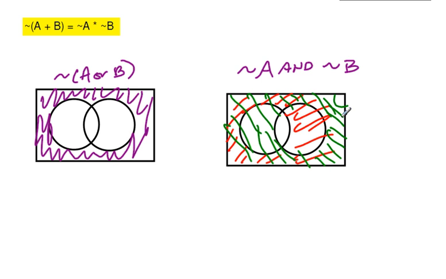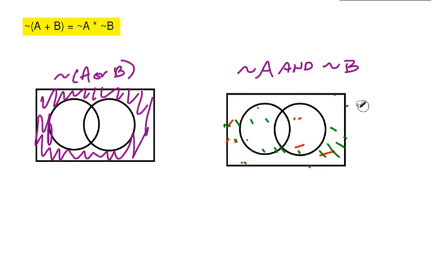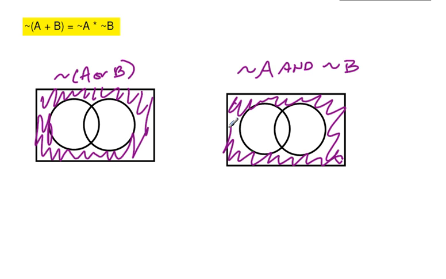And now I'm looking for my red and green plaid. And where do I have my red and green plaid? Well, it's not inside either of these circles. It's everything out here. So let's just clean this up now that I can see actually where it is. Oh, close. I color it in, and lo and behold, it's the same as the previous one, where it's everything outside here, and we can see those are equal.